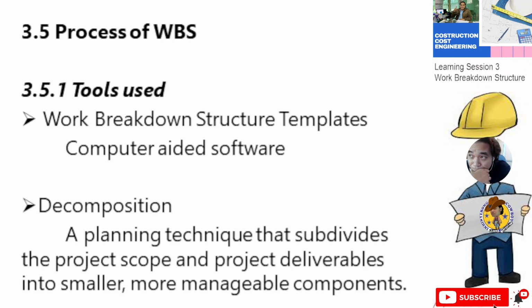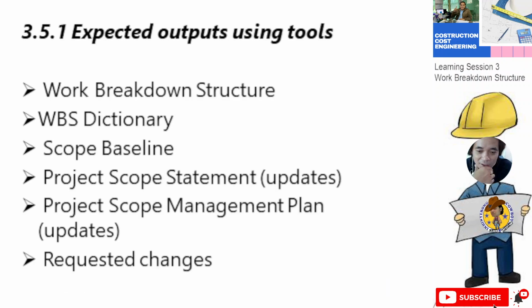You can use Primavera for the work breakdown schedule. Primavera is a project scheduling software where you can also put the cost. Then number two is the decomposition. This is a planning technique that subdivides the project scope and project deliverables into smaller, more manageable components.